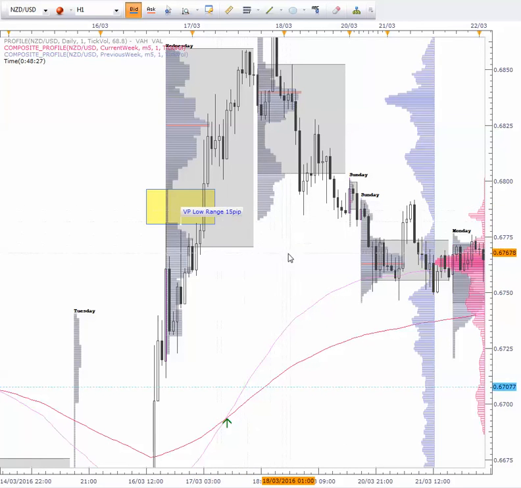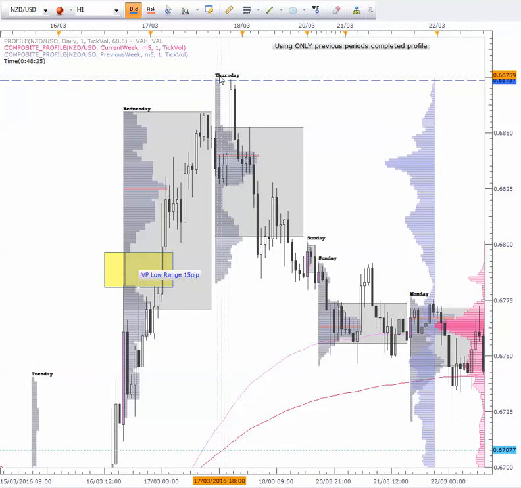So on this Friday trading day, I'm looking for entries to take trades. I look at this profile and I see a low in here, right here in this range.